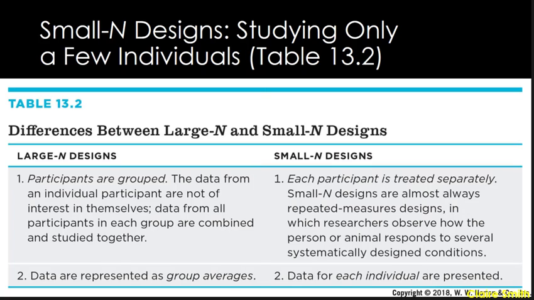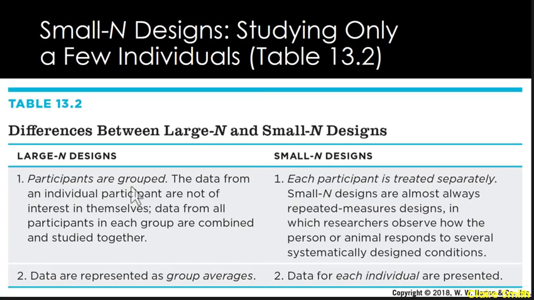So for a large n design, typically, obviously, we have a lot of individuals, right? And there's independent variables, dependent variables that are measured, and participants typically are grouped together. So individual data points aren't necessarily super important in a large n design. What's more important is finding the average for a group of participants.